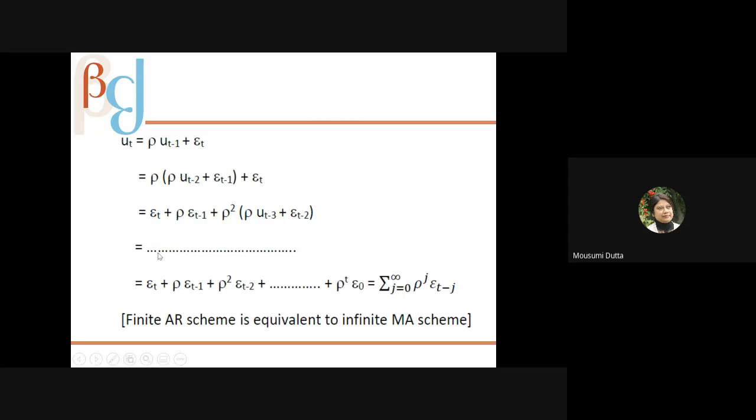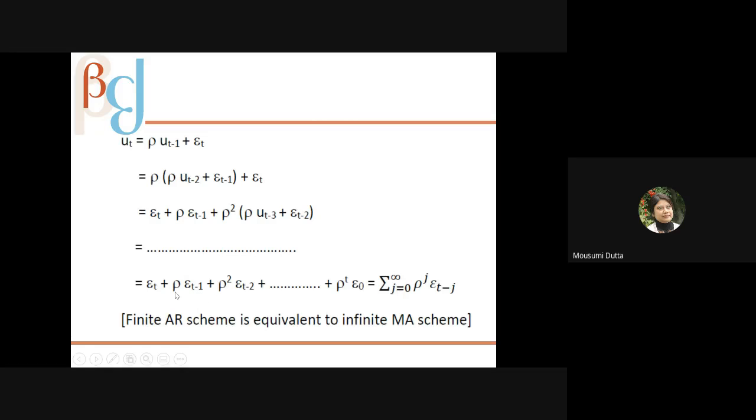So the process can be presented using the polynomial epsilon t plus rho epsilon t minus 1 plus rho square epsilon t minus 2 plus rho cube epsilon t minus 3 and so on, plus rho to the power t epsilon 0.